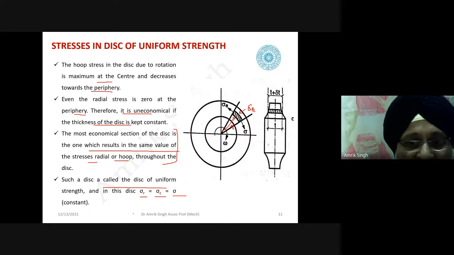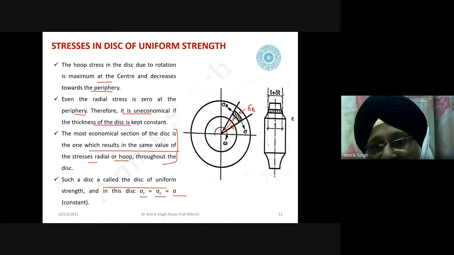If you take the anti-log of this equation, you will come to this expression: t upon a is equal to e to the power minus rho omega square r square upon 2 sigma. In order to solve this, we take that at t is equal to t0, at r is equal to ri. So that's why we have taken a shape like this.